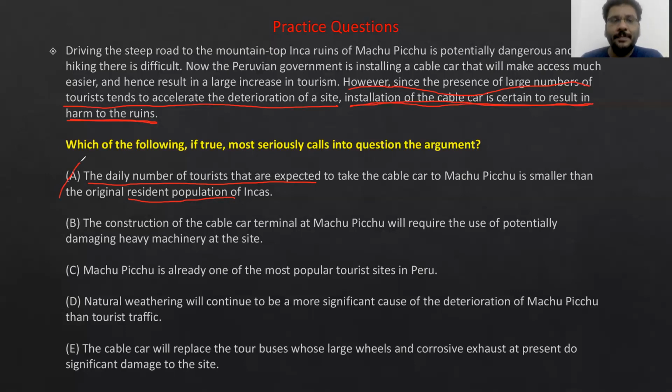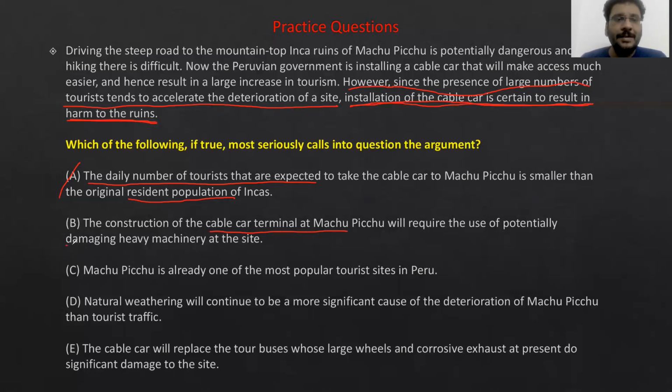Let's look at B. The construction of the cable car terminal at Machu Picchu will require the use of potentially damaging heavy machinery at the site. What does it say? It says if you construct the cable car terminal, that would potentially use damaging heavy machinery, right?